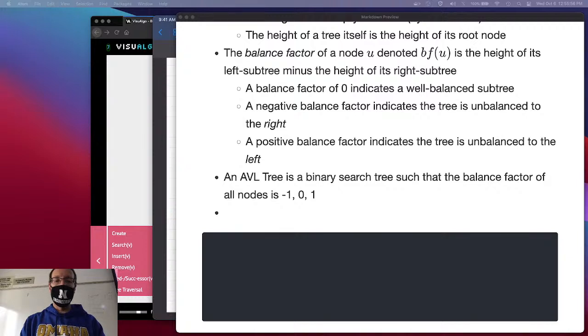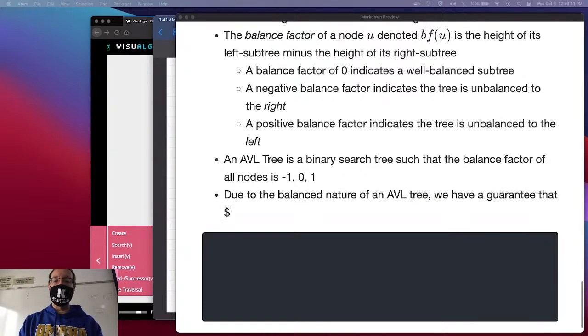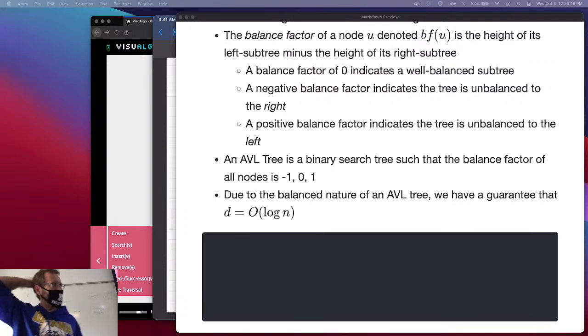Due to the balanced nature of an AVL tree, we have a guarantee that the depth is going to be order log n. Now, I'm not going to go through that today. We might eventually go through that. But even then, the analysis is a little bit more involved.